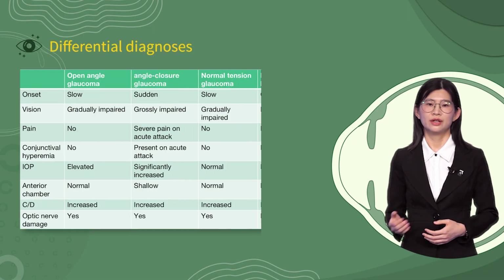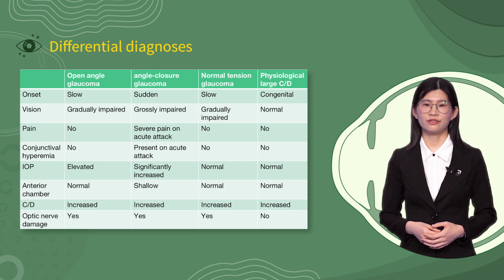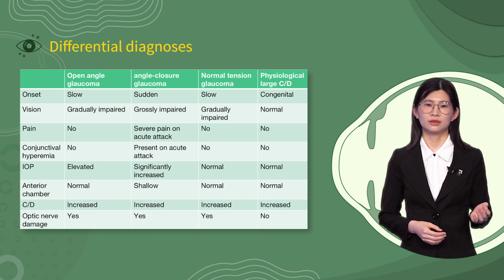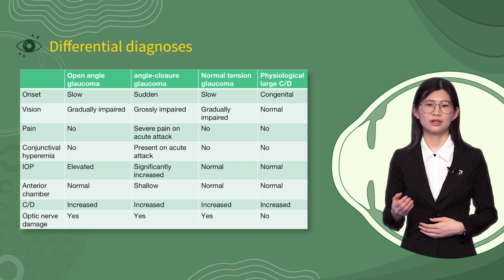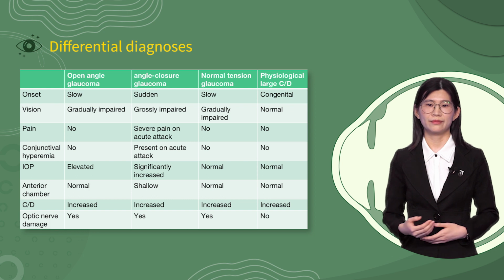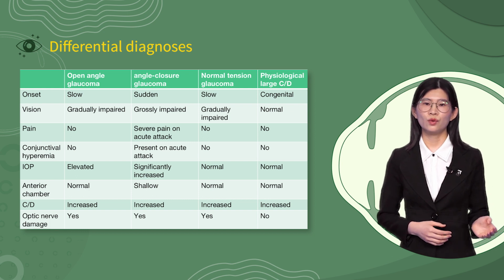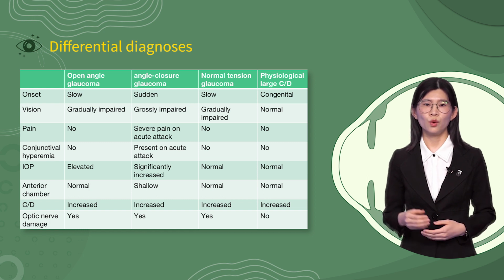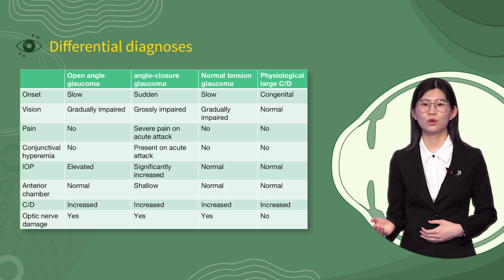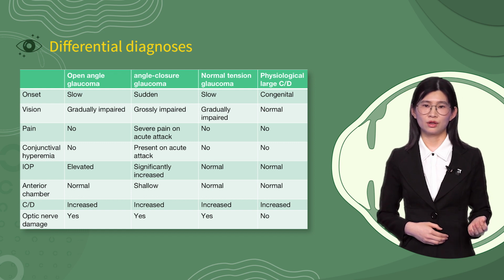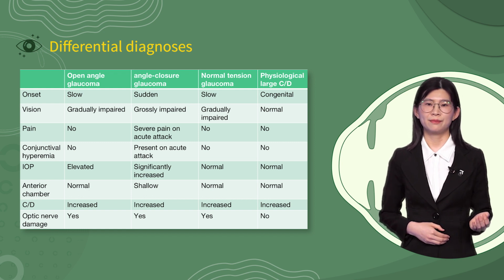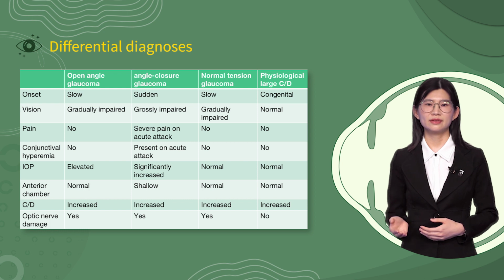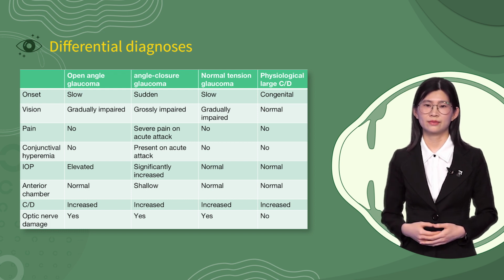This table shows the main differentiating features of open-angle glaucoma, angle-closure glaucoma, normal tension glaucoma, and physiological large cup-to-disc ratio. The anterior chamber angle is shallow or even closed in angle-closure glaucoma, while it's wide open in open-angle glaucoma. Open-angle glaucoma progresses gradually and painlessly, while there would be a sudden onset and severe pain in an acute angle-closure glaucoma attack.